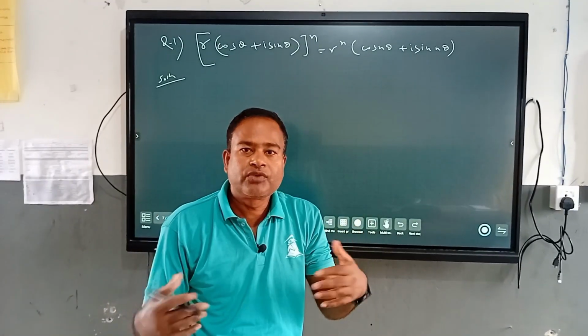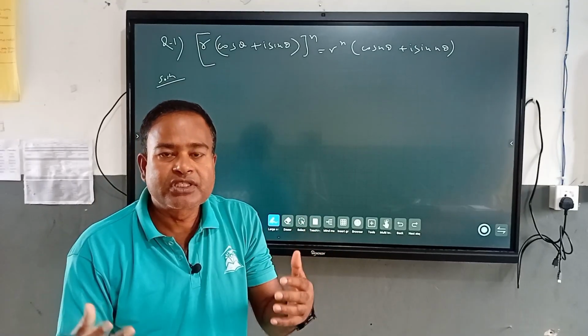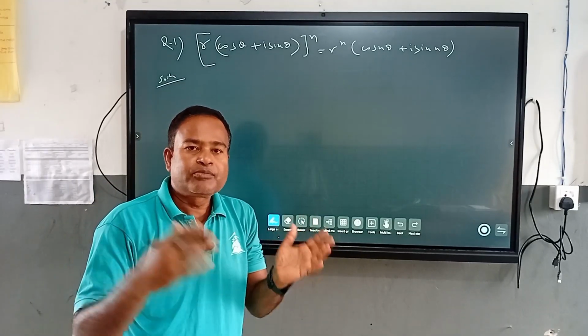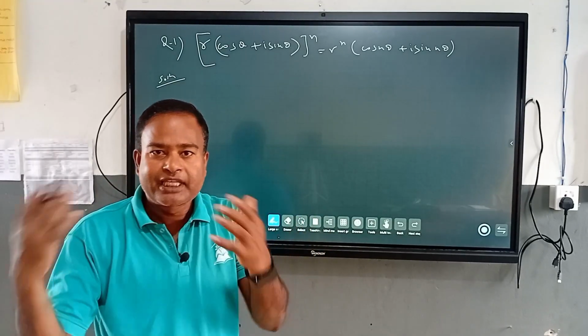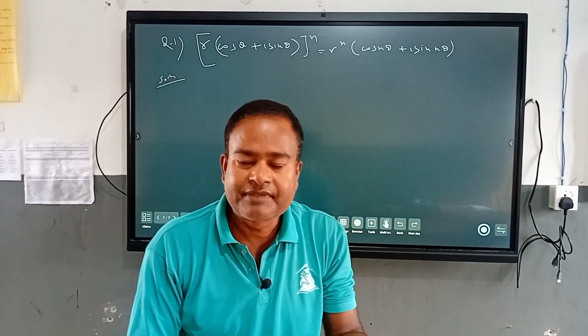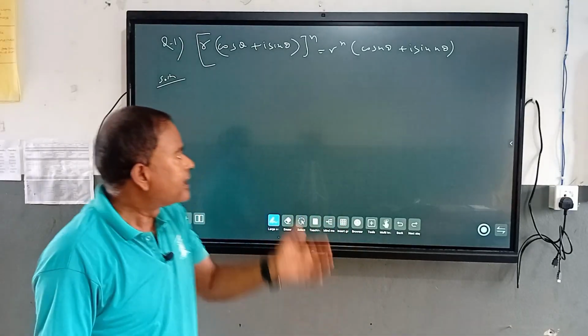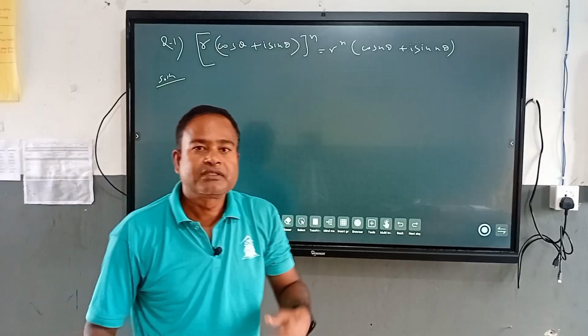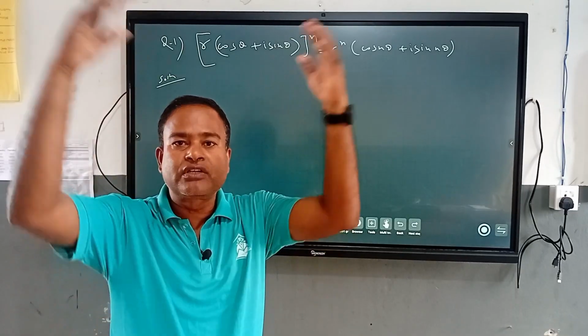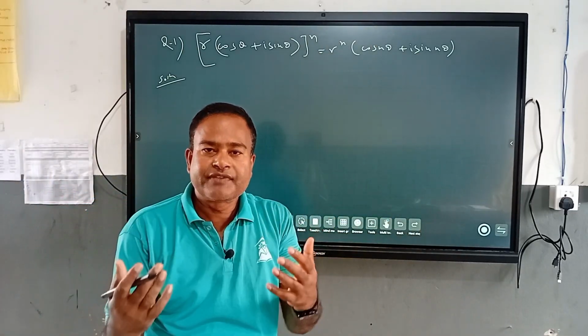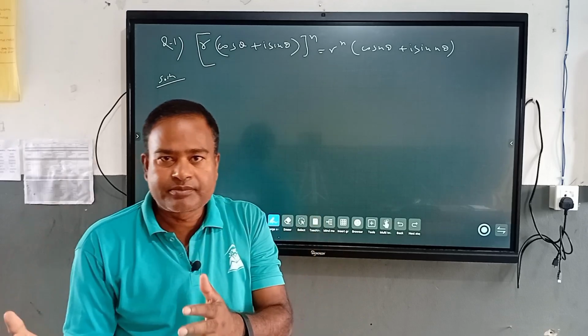Then at last we prove that this theorem is true for n equals k plus 1. Hence, by the mathematical induction method, we can say that the given theorem is true for any positive integer, or we can say any natural number n.